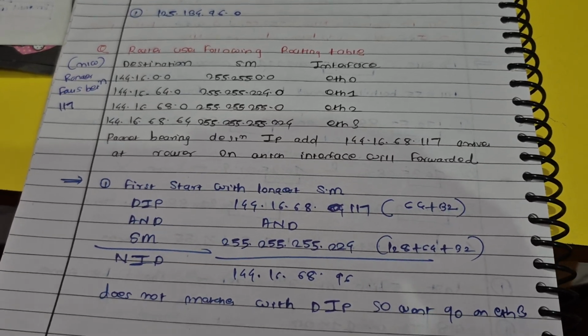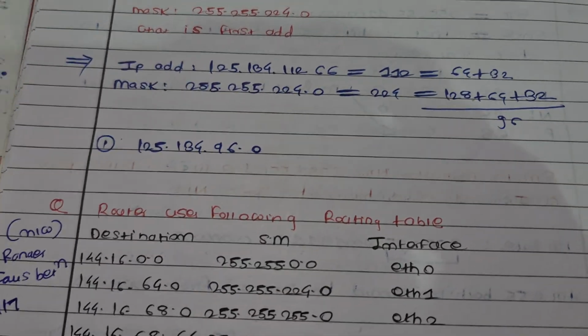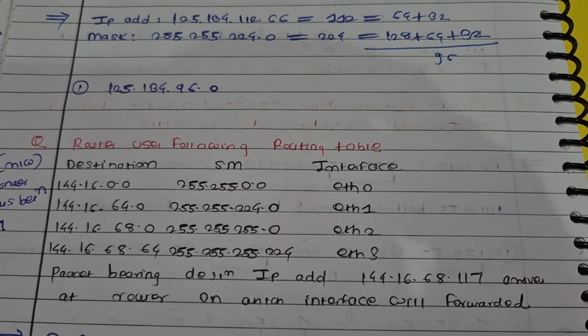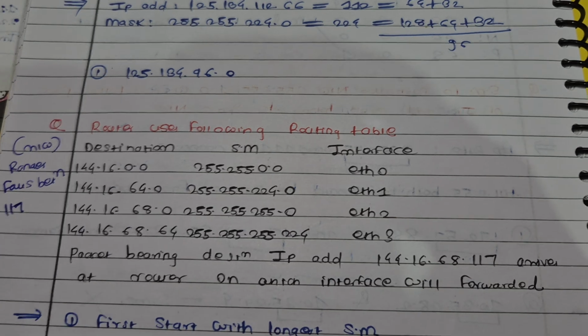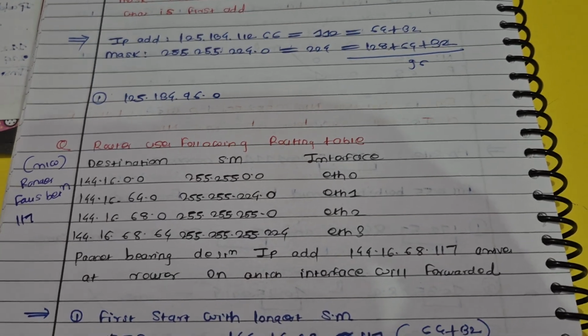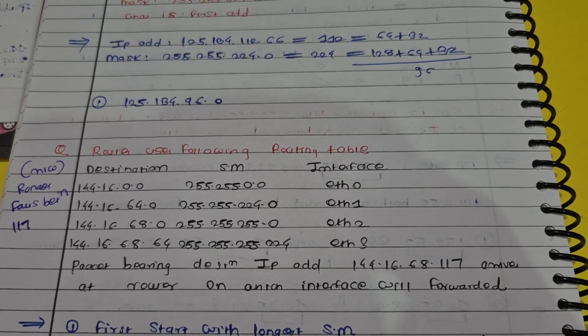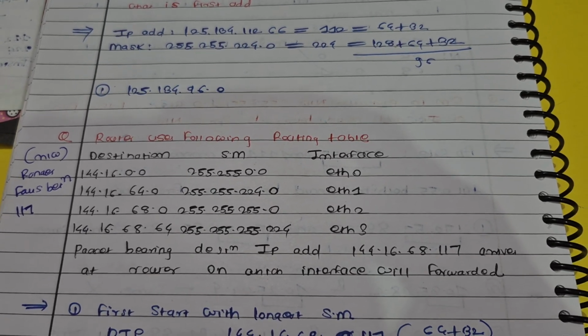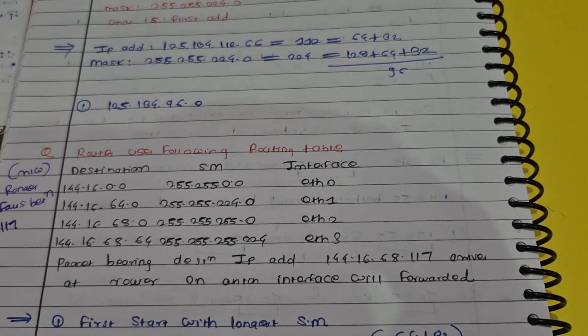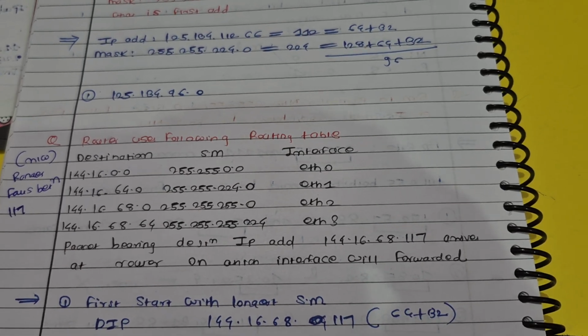Don't think of it that way. It's the network address of the respective interface, through which we send the packet if the destination IP address falls within its range. The destination IP address is 144.16.68.117.